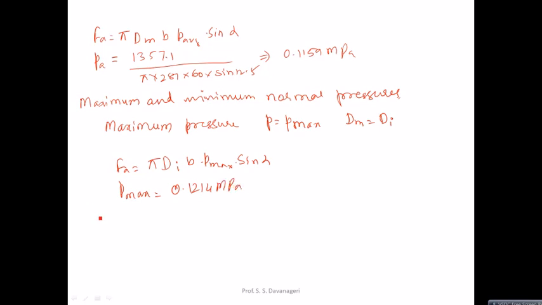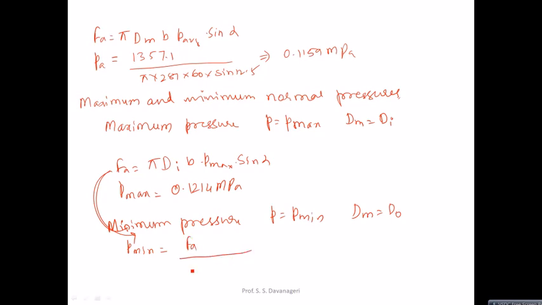So maximum pressure is P max and dm equal to di. Now use the same equation: pi di b P max into sine alpha. Now calculate P max here. We are going to get P max as 0.1214 megapascal.